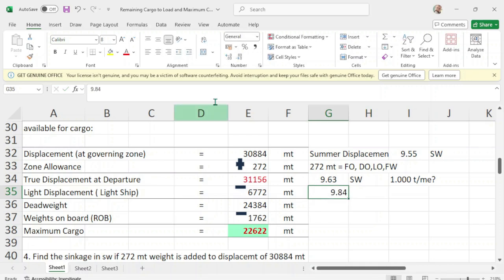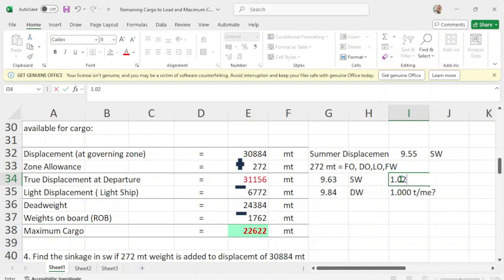Oh, sorry, this will be dock water of density 1.025.